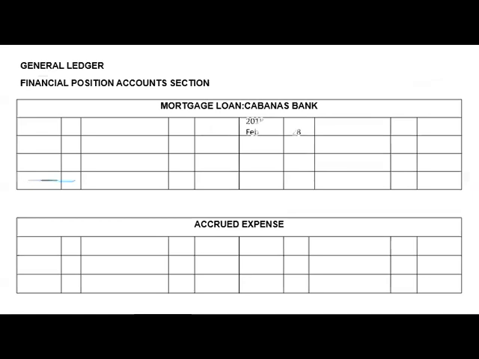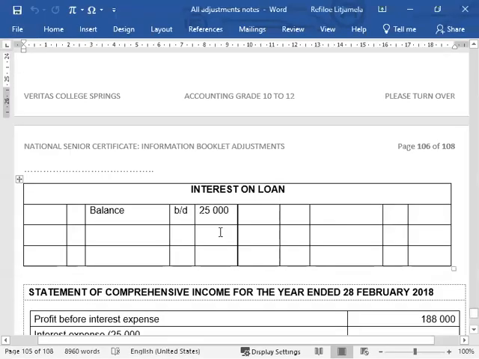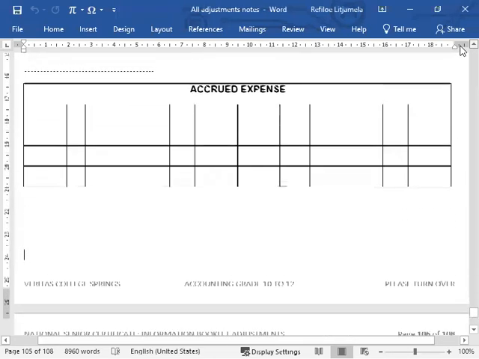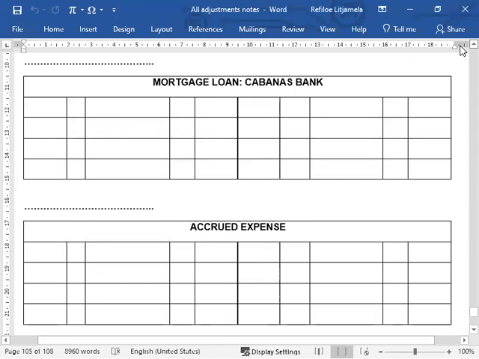Loan. How much are we owing the bank? You don't have this. Highly impossible. It's there. Look. You edit it now.